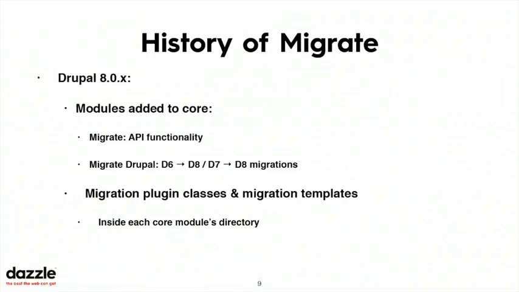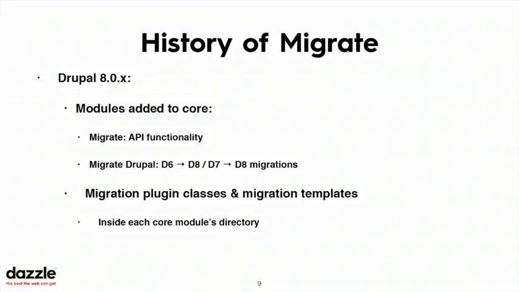So with the release of Drupal 8.0, 2 modules were added to Drupal 8 core, being the Migrate and the Migrate Drupal module. The Migrate module provides general API functionality, whereas the Migrate Drupal module provides a specific Drupal 6 to Drupal 8 and Drupal 7 to Drupal 8 migration support.